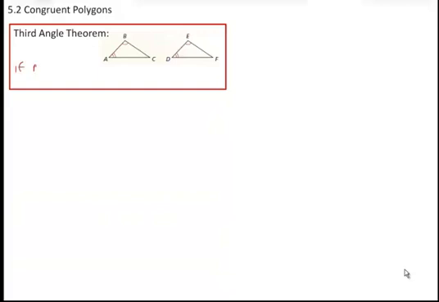Meaning here if angle B is congruent to angle E, and angle A is congruent to angle D. If that's what was given, then the third angle theorem says that if 2 triangles share 2 angles that are equal, then the third angles are also congruent as well. So this means that you can come to the conclusion that the third angles C and F would also have to be congruent.